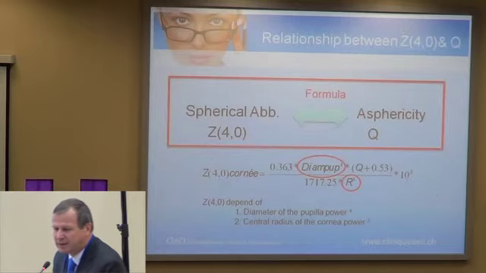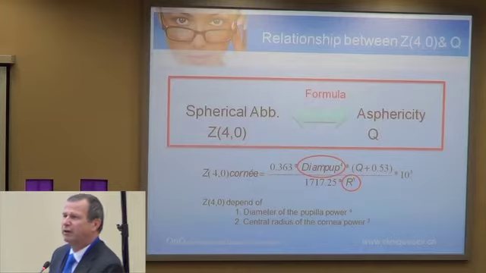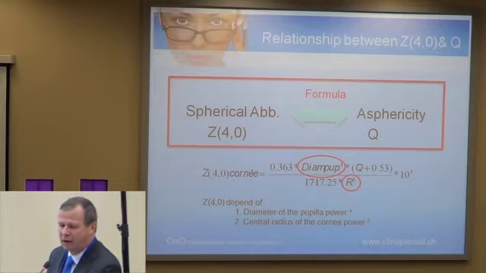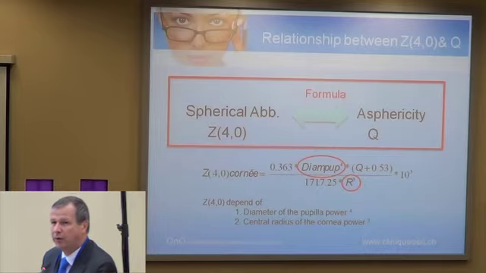And just look at this formula which gives you the spherical aberration of the Z4. I put this formula very, very often because that gives you the point of many things. So Z4 is equivalent to the diameter of the pupil to the power 4.